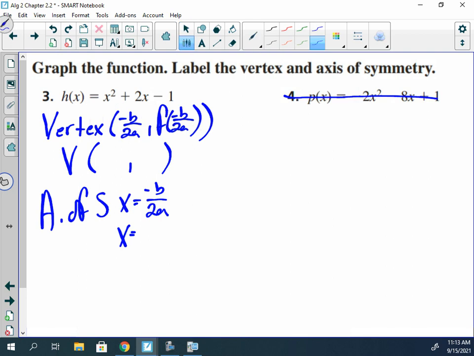This one here will be the next problem. So, what do we need to find first to find the vertex or the axis of symmetry? The value of x, the negative b over 2a. So we have negative. What is our b value? Over 2 times a, and a is what? 1.